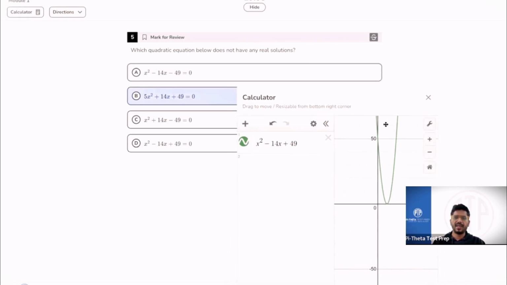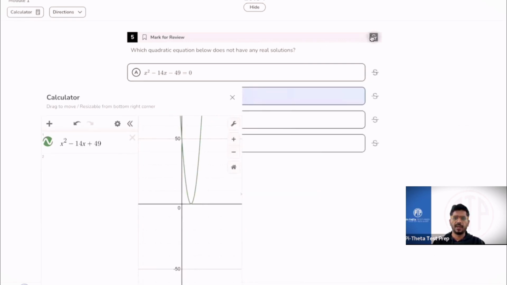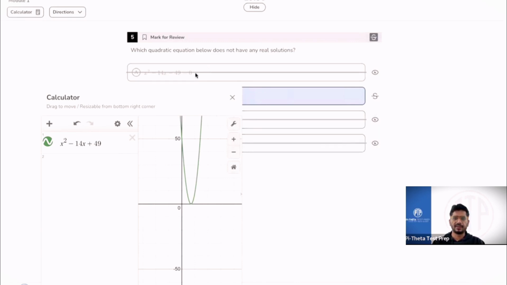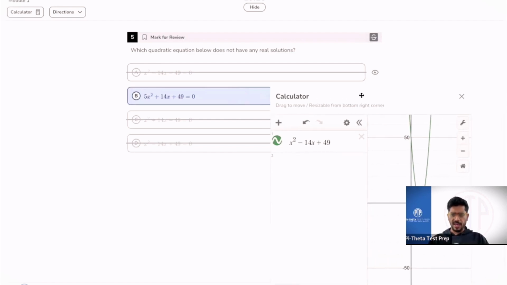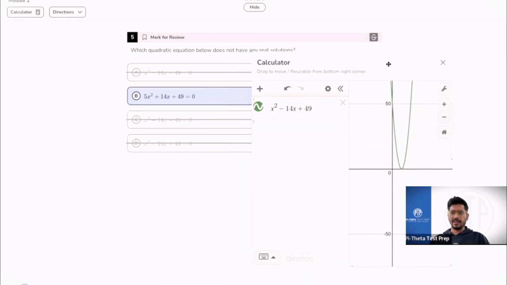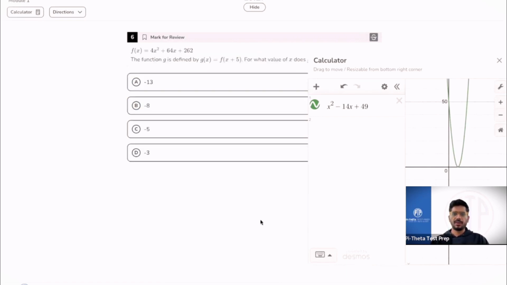Okay, as simple as that. And we can use another feature also on the Desmos. We can just cancel this, we can cancel this, and we can cancel this. Okay, so we have this answer. I'm just dragging the calculator here and there to make you understand that we can drag this calculator anywhere as and when required. So that was our question number 5.